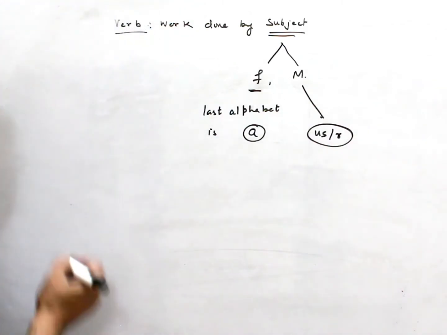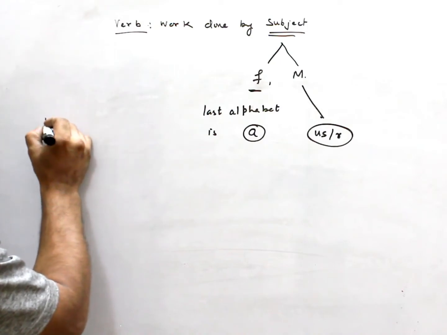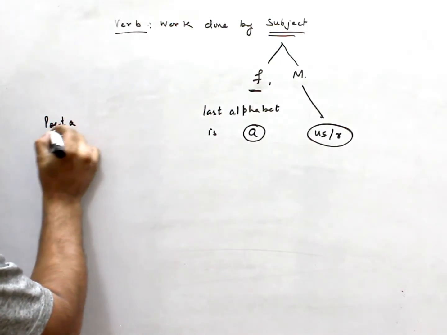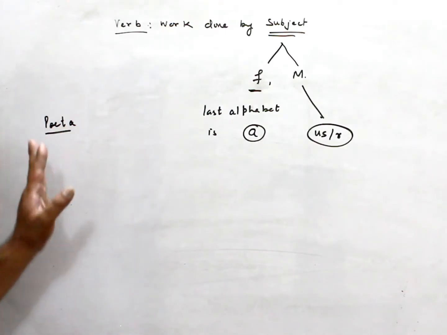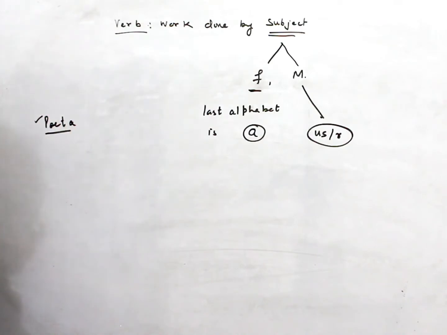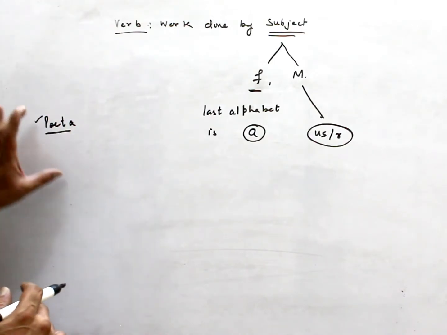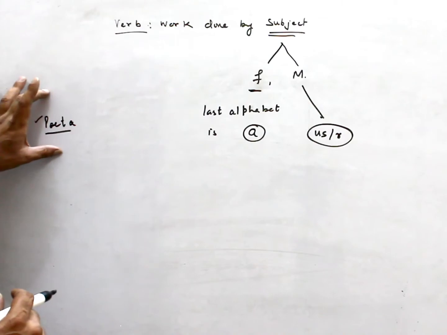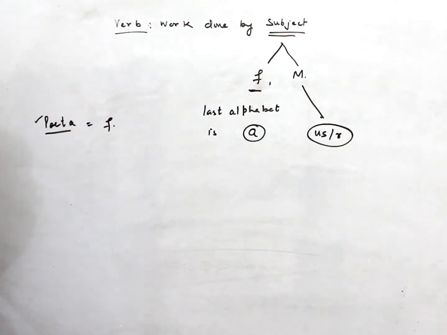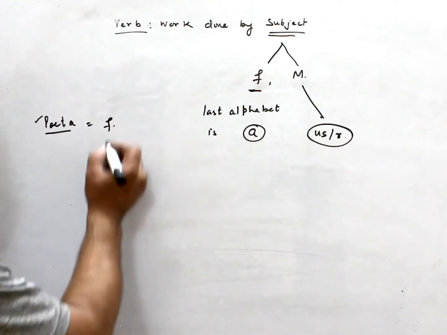For example, if I say poeta, in English we take poet, but in Latin, poeta is treated as a female subject.